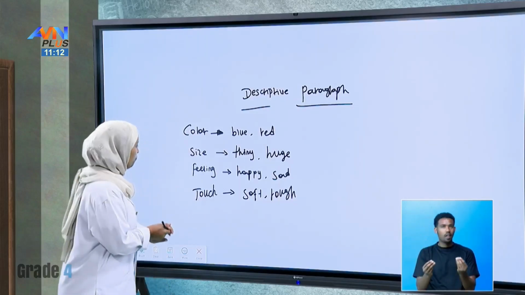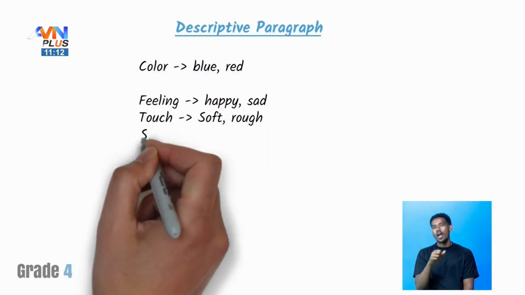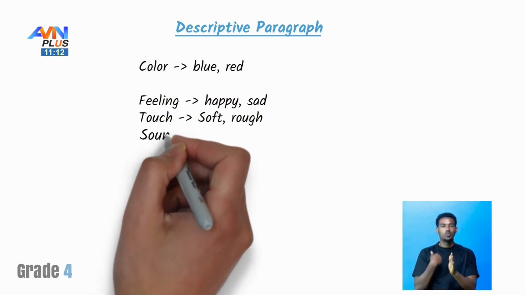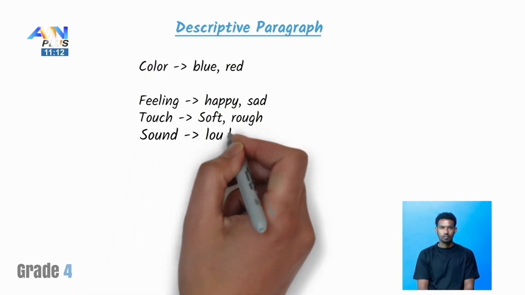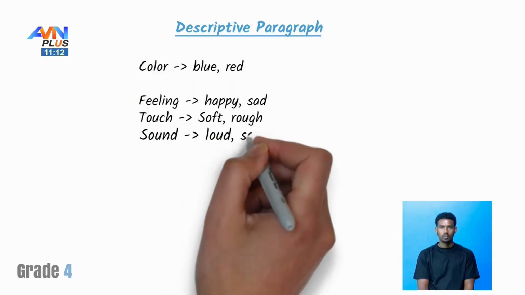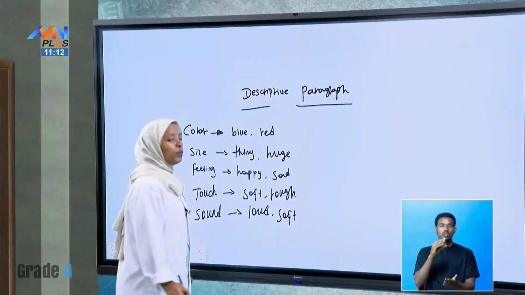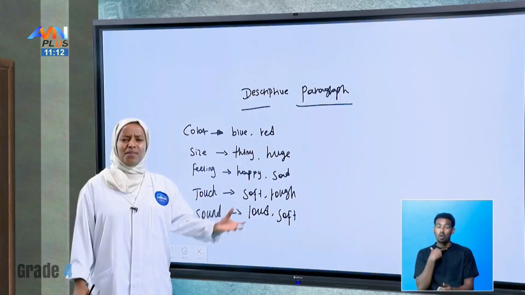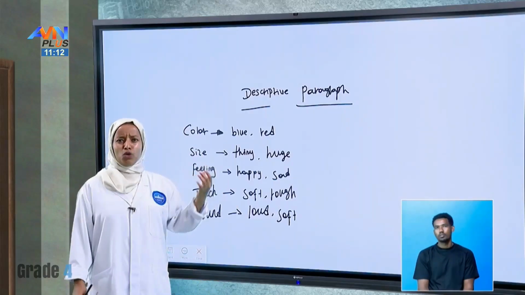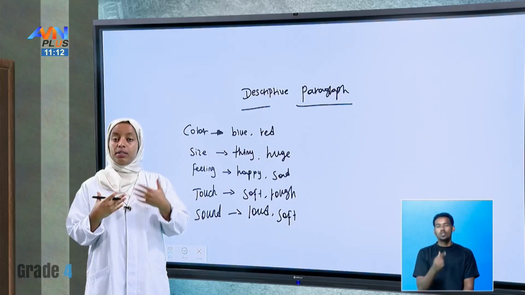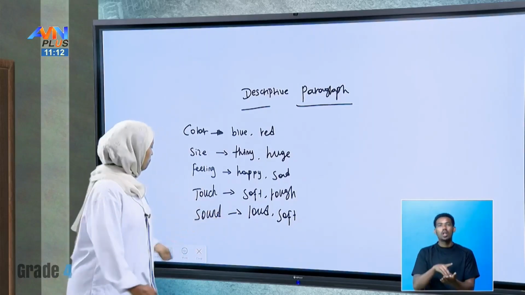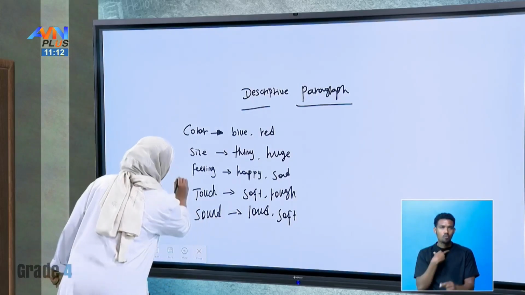And also we can use some sounds, for example loud, soft. When we say sound, sometimes it's noisy, and also loud and soft, that is easy to understand. Here is the next one.